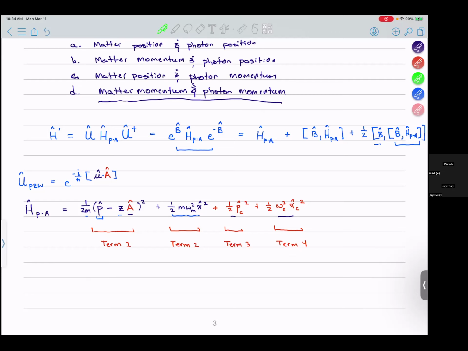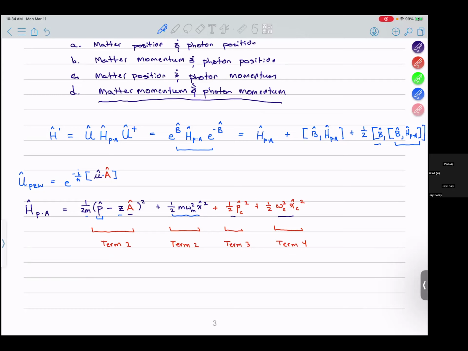But let me make a few arguments here about term 2 and term 4. Term 2 just involves the matter position operator, which is going to commute with the matter position operator in the PZW transformation.